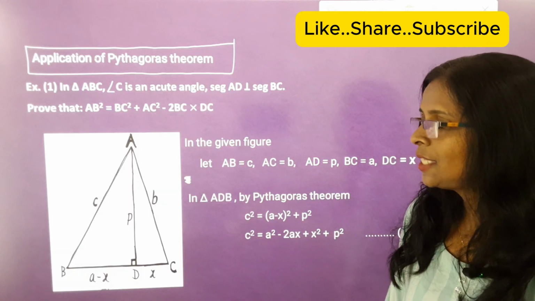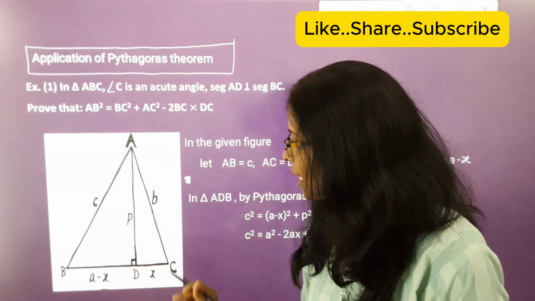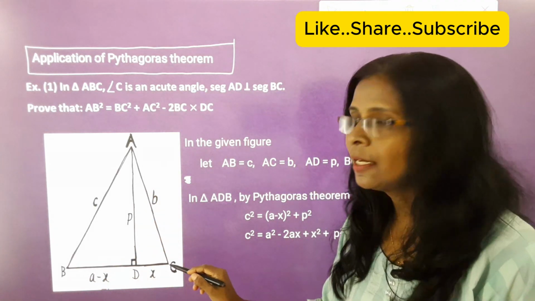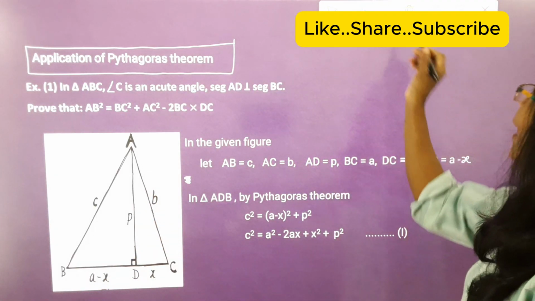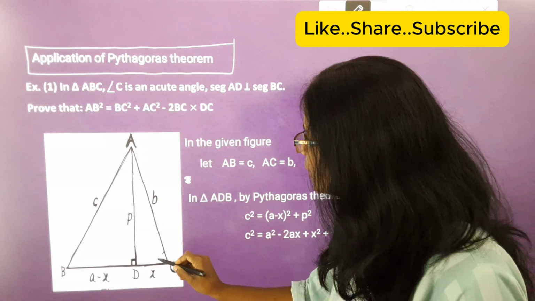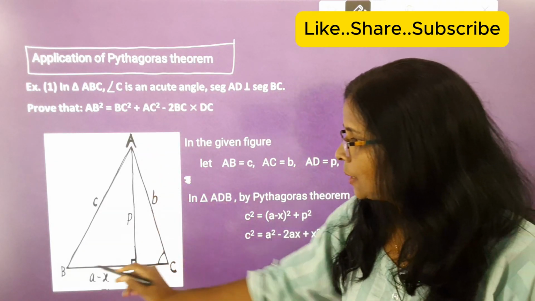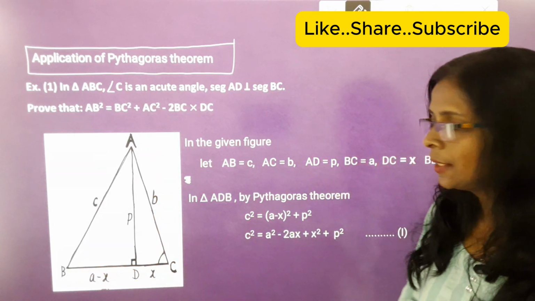Now see in the figure, this is the triangle ABC and C is the acute angle. Segment AD is perpendicular to the segment BC.